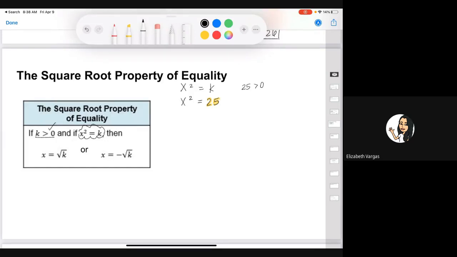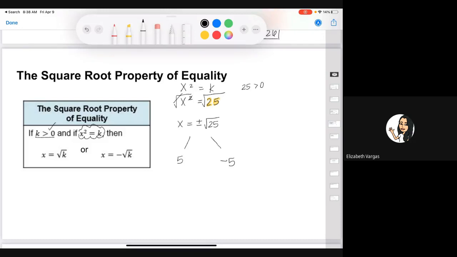Say I'm trying to solve for x. I have x squared equals 25. Whenever I take the square root of both sides to negate my square and solve for x, I'm going to take the positive and the negative square root of 25. Why is that? Because the positive square root of 25 is 5, and the negative square root of 25 is negative 5.